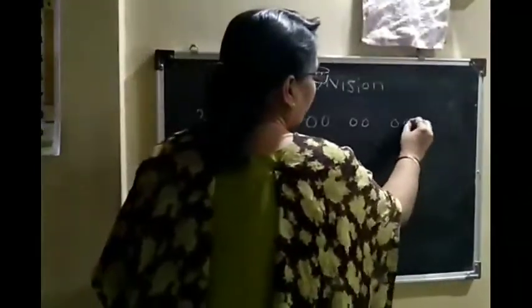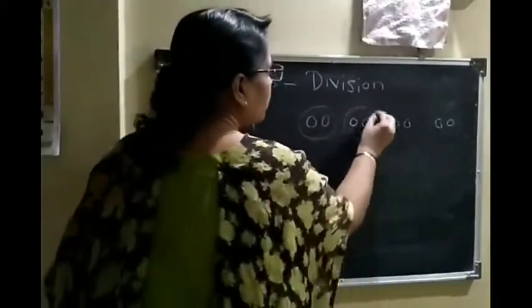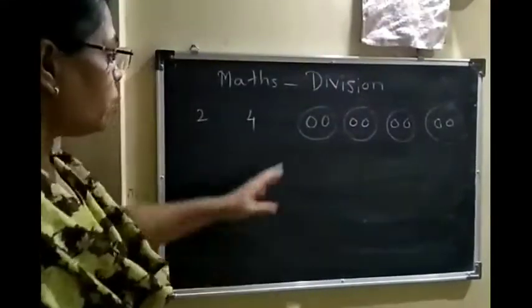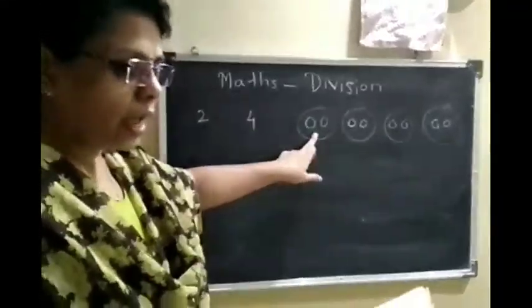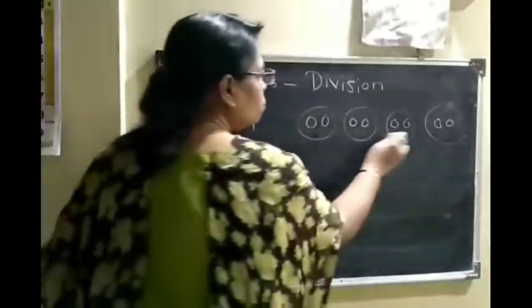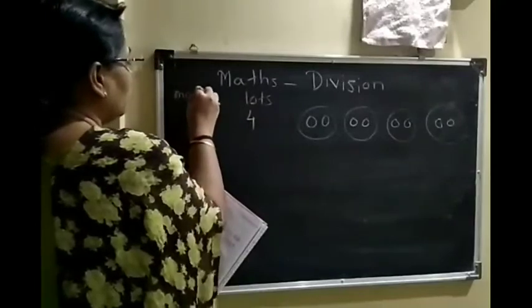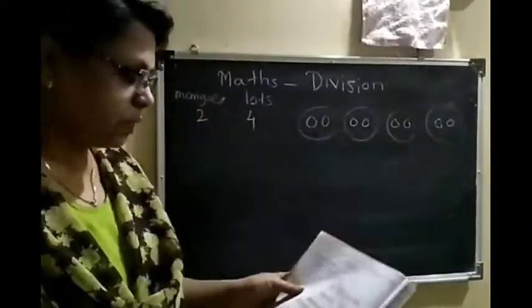Just imagine these are mangoes. So they have drawn a circle around these 2 mangoes. So in each lot there are 2 mangoes, and the number of lots is 1, 2, 3, 4. 2 in each and 4 lots.